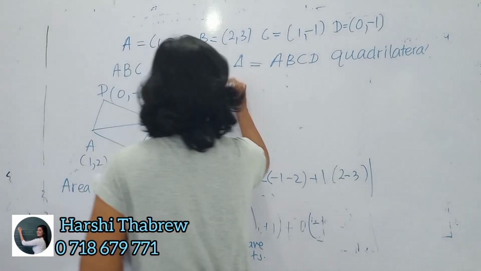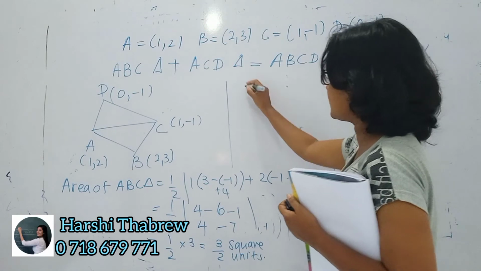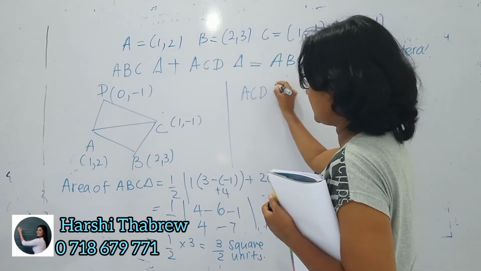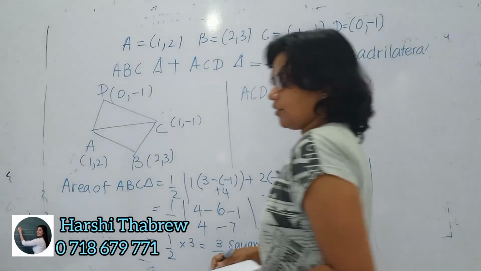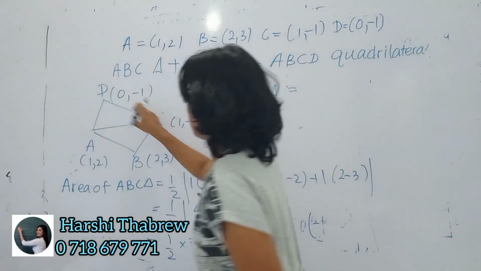Then let's find area of ACD. Therefore, you have to select these three coordinates.